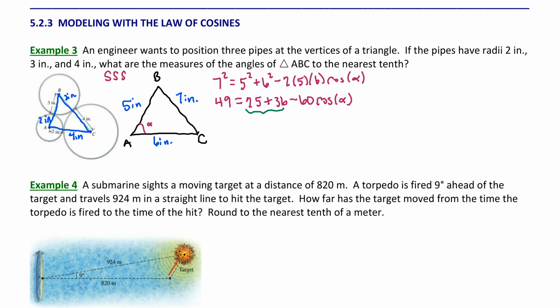25 plus 36 is 61, and subtracting 61 from both sides, 49 minus 61 over here on the left is going to give us negative 12. We can then divide both sides by negative 60. Negative 12 divided by negative 60 is positive 1/5. So we can solve for alpha by evaluating inverse cosine of 1/5.